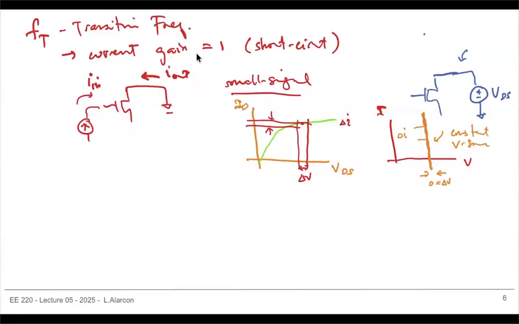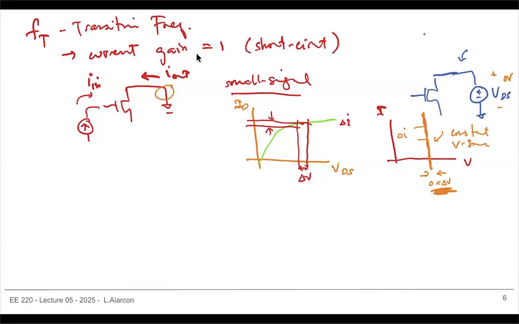For a constant voltage source, I cannot change the voltage. So delta V is always 0, right? So there's always going to be 0 small signal voltage here. And again, if you have 0 volts and any current, that looks like a short in small signal, right?